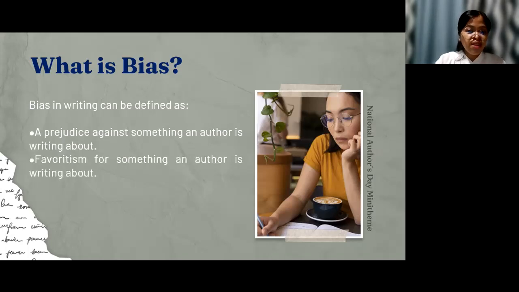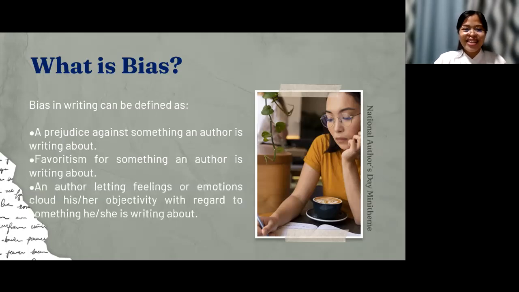Or it can also be favoritism for something an author is writing about. This is very timely these days. Since we have the election, who are you in favor with? All right. Now we have an author letting feelings or emotions cloud his or her objectivity with regard to something he or she is writing about.